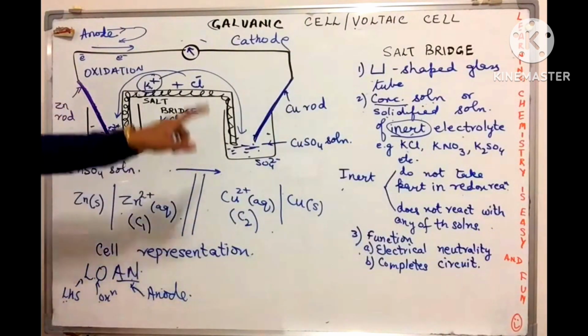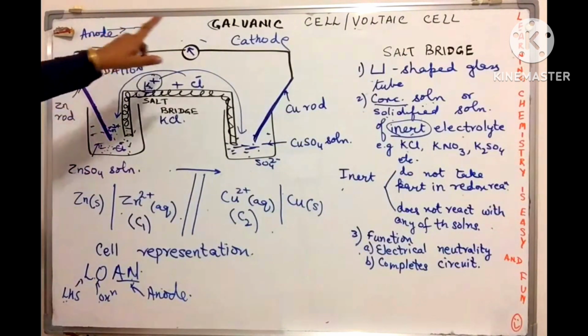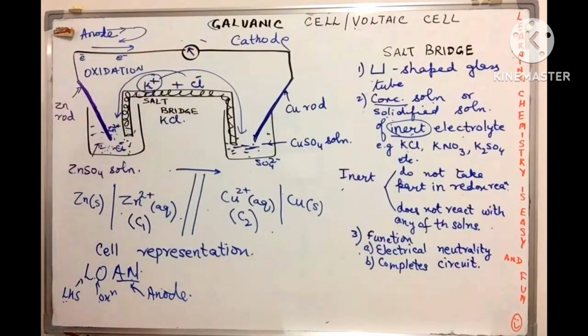This whole setup is what we call as an example of an electrochemical cell, where chemical energy and electrical energy are being interchanged. This type of a cell where we are converting chemical energy to electrical energy is specifically called galvanic cell or voltaic cell.